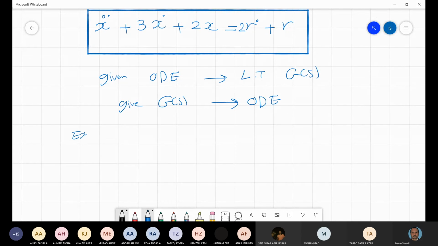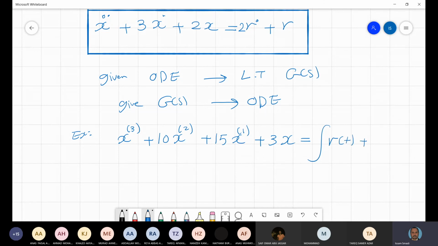Another example. What if I have x, the third derivative, plus 10 x, the second derivative, plus 15, the first derivative, plus, let's say, 3x, equal to the integration of r(t) plus x(t) dt.